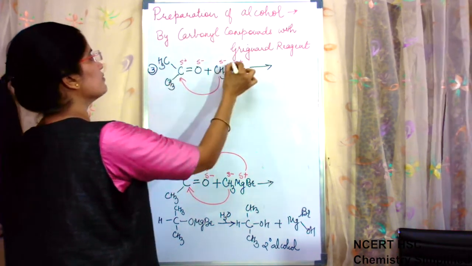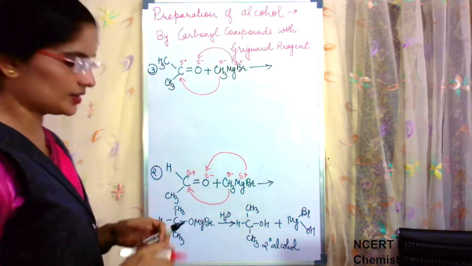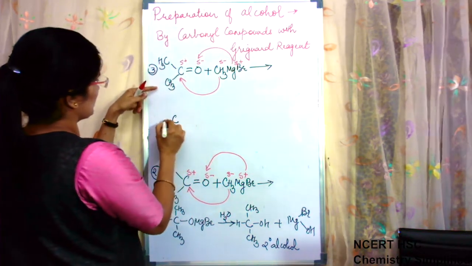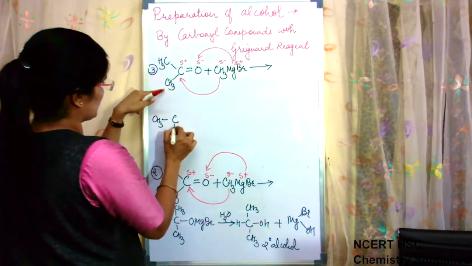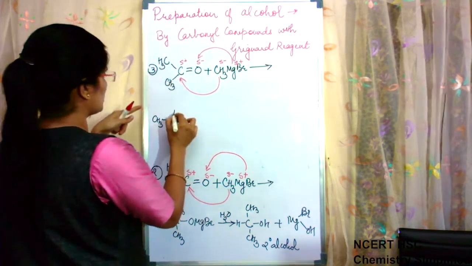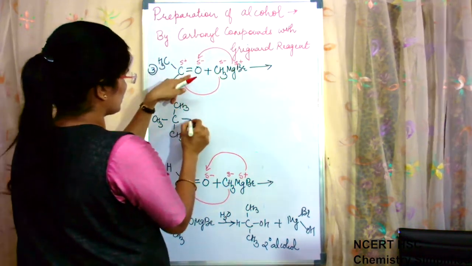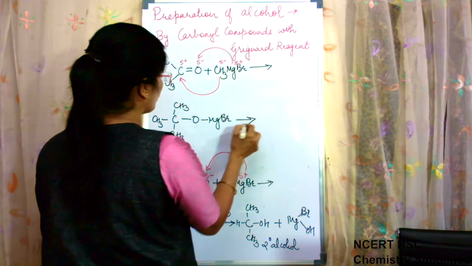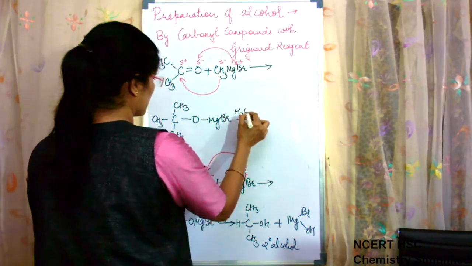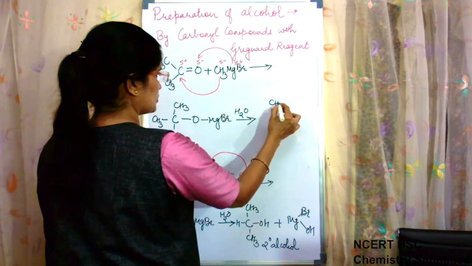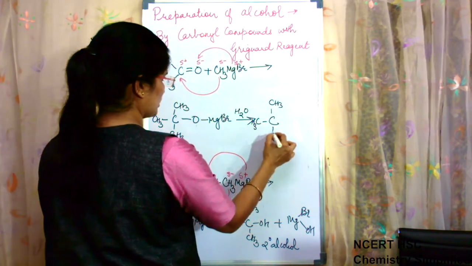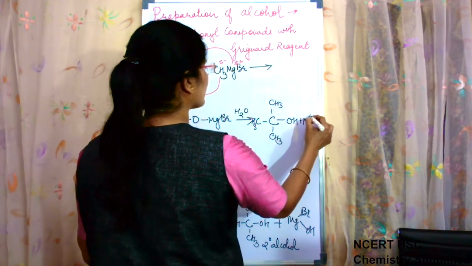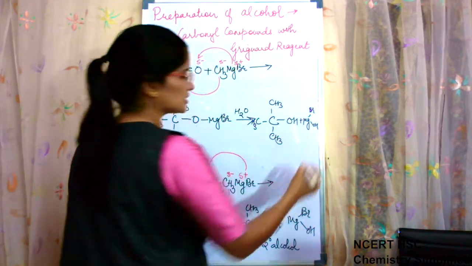Negative comes to positive, positive goes to negative, and we will have CH3, this CH3 and one CH3 from Grignard reagent. The double bond is now single and MgBr is attached to O, which on hydrolysis will give CH3, CH3, CH3, C, OH plus byproduct MgBrOH.